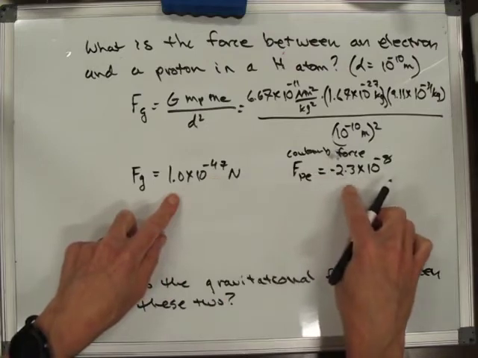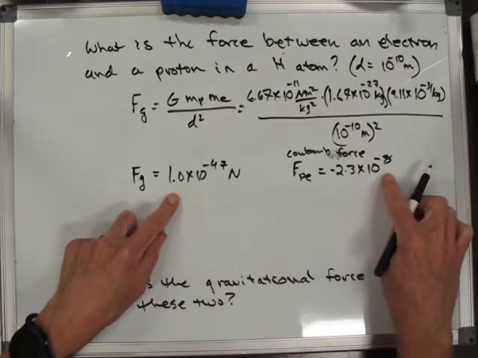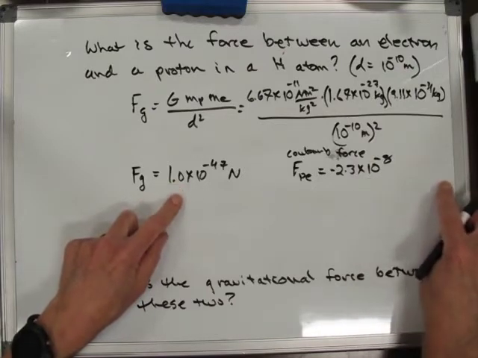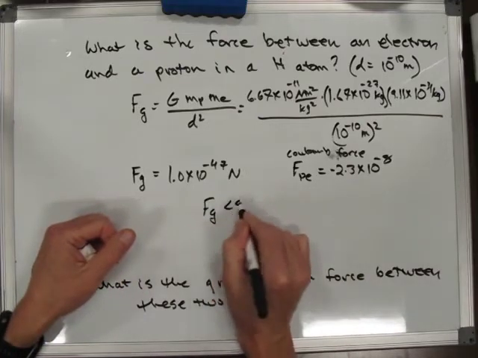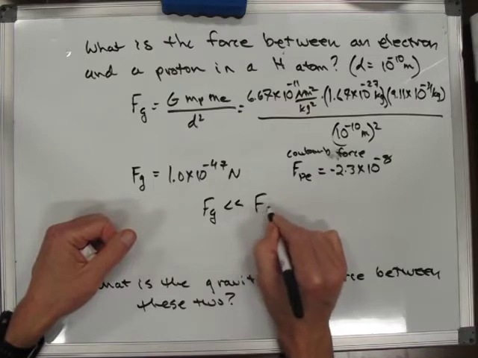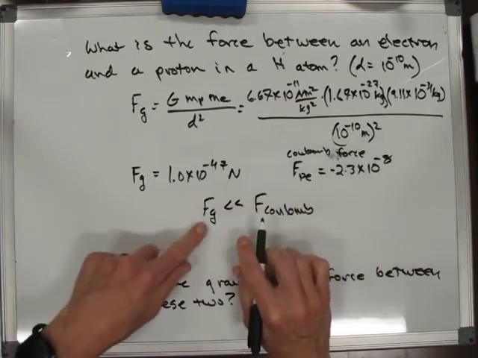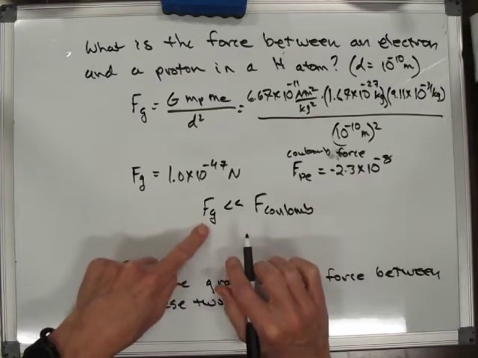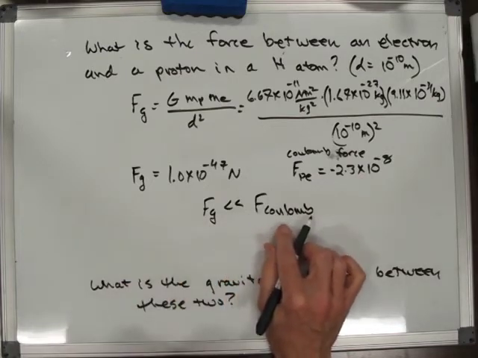This is a decimal point, 7 zeros and a 2. So I would have to keep an additional approximately 40 digits in this number for this one to start to matter. So typically, the force of gravity is much, much less than the Coulomb force, unless the objects are very large and neutral, like planets or something like that. But when we look at charged particles, gravity is almost always irrelevant, and it's why you never talk about gravitational attraction in your chemistry class.